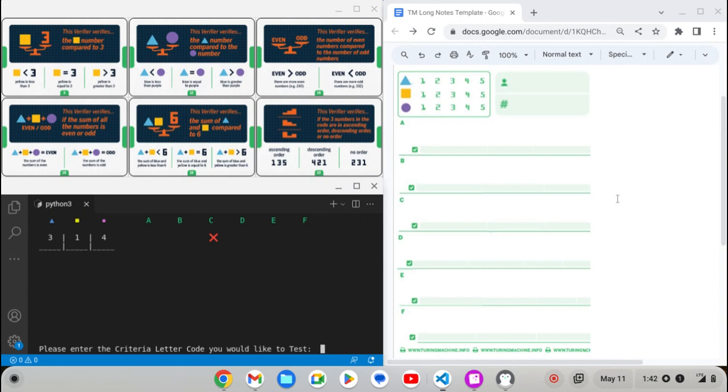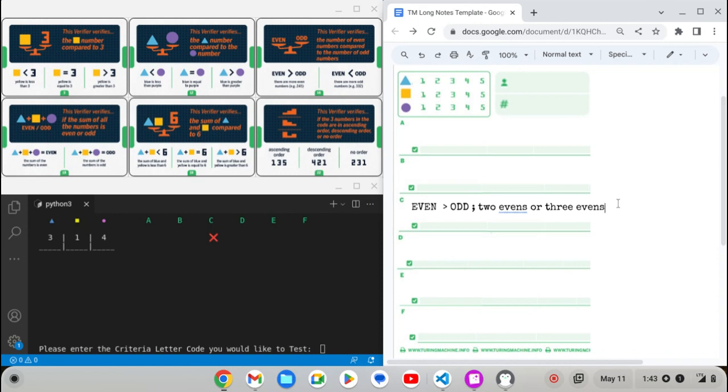So in my notes section for C, I'm going to say even is greater than odd. And furthermore, that means that we have either 2 evens or 3 evens. We just don't know. We just know that since we do have more evens than odds, we have at least 2, but potentially they're all evens.